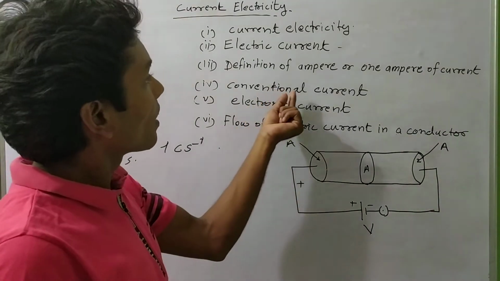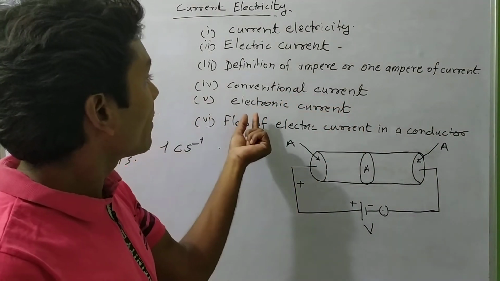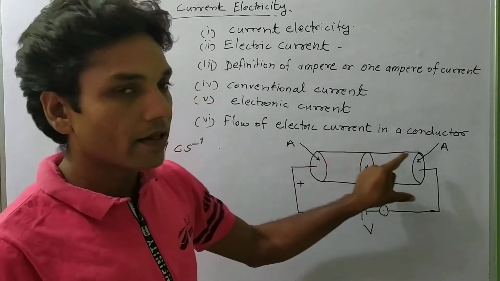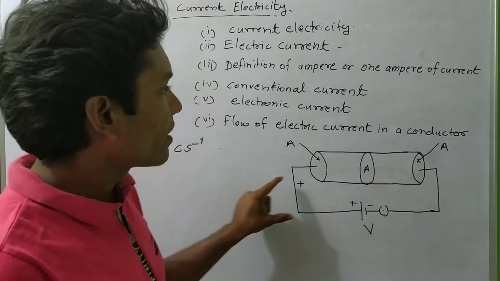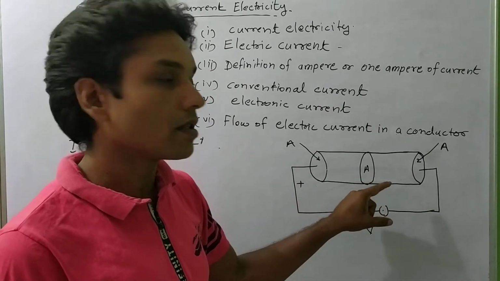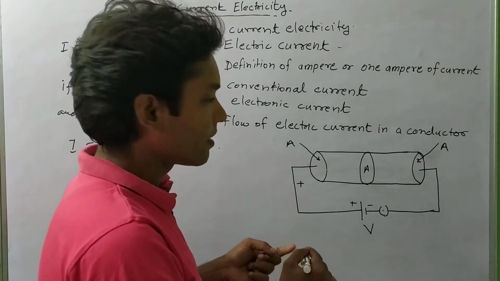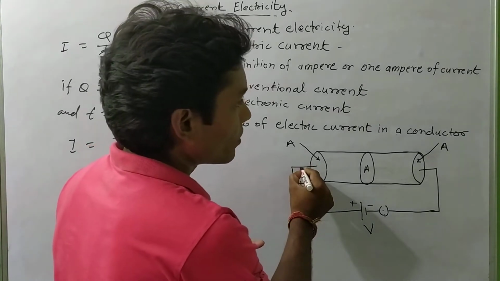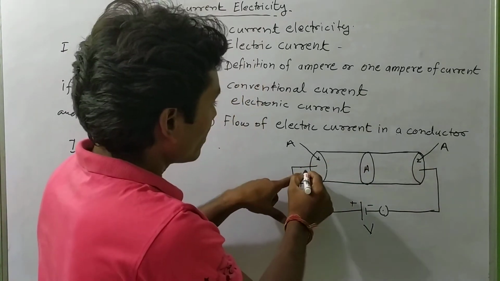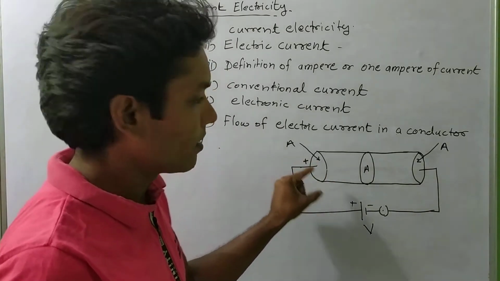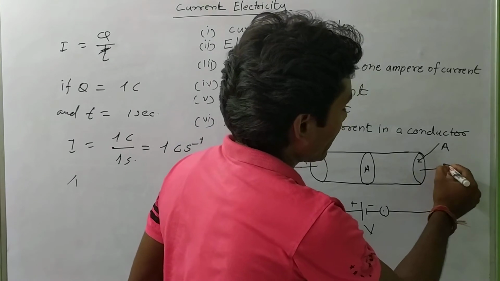Now, conventional current and electronic current. Here, this is the conductor. Through the conductor, charge is flowing. You know that the electric field goes from positive charge to negative charge. Here at this point, positive potential will be there, and at that point, negative potential.